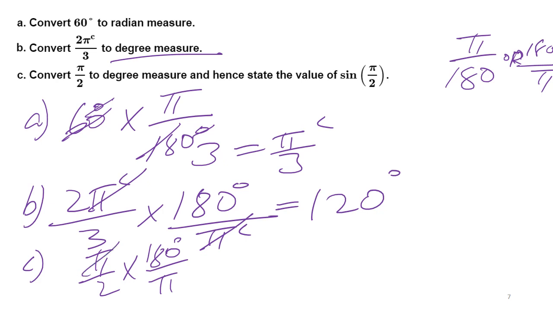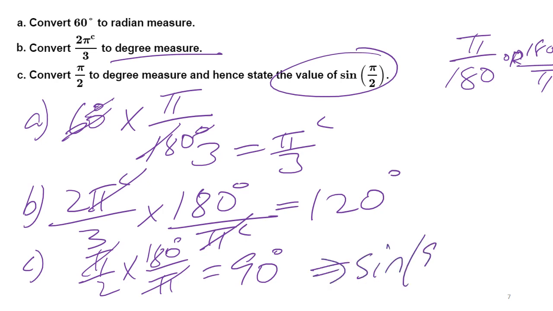Right? So the pi's are going to cancel out, leaving me with 90 degrees. Then it's asking you to state the value of sine pi over 2. So you know sine pi over 2 means sine 90 degrees. So hopefully by now you would know sine 90 degrees is 1. And that's how you do this question.